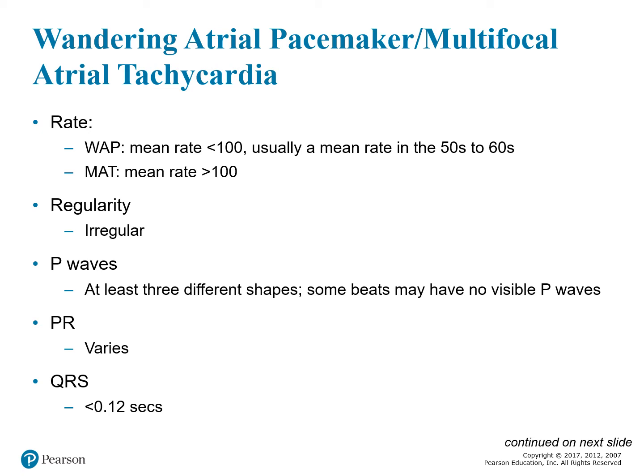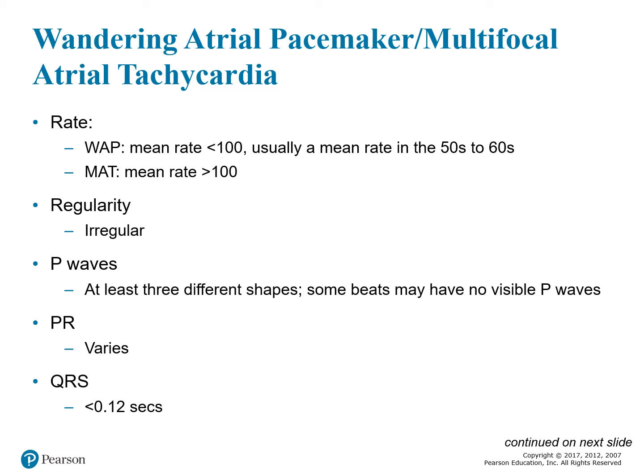If we're deciding if a rhythm is a MAT, your heart rate has to be anything over 100. 101, 102, 103, anything over 100. Your regularity is still irregular.